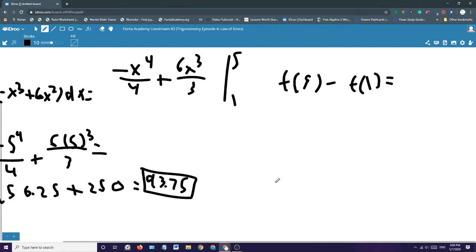We know f of 5 is 93.75. So let's do f of 1.